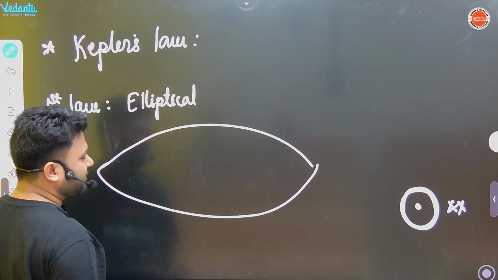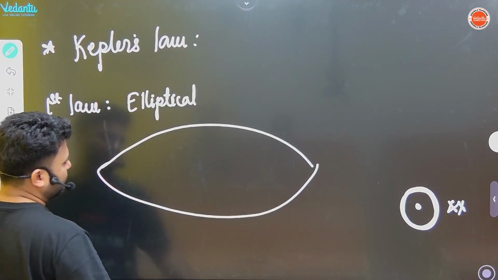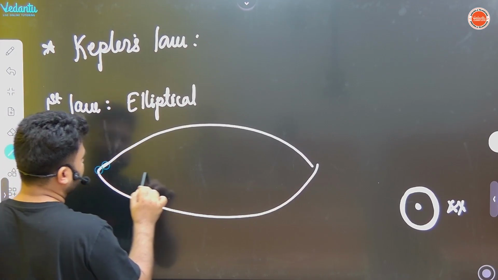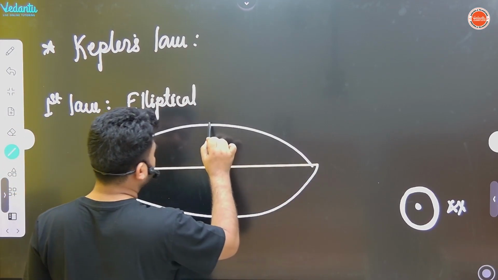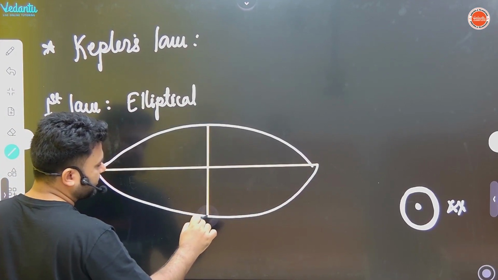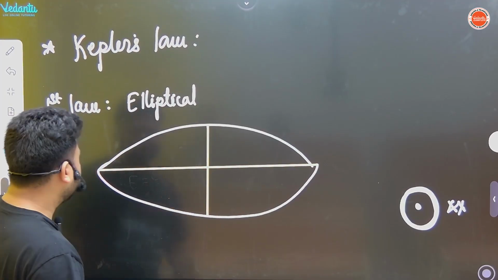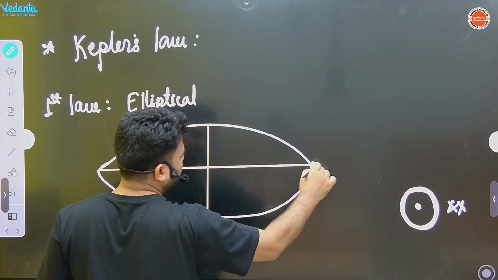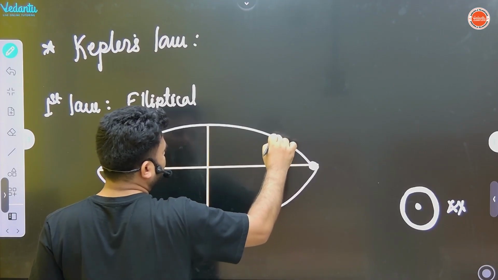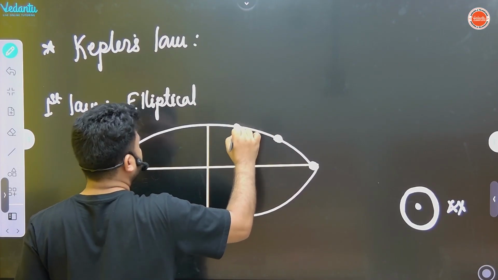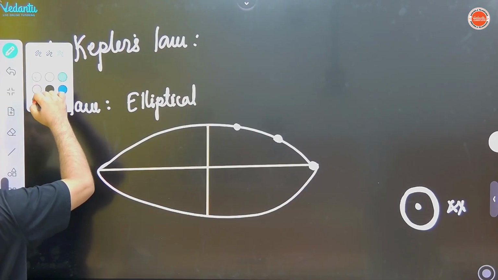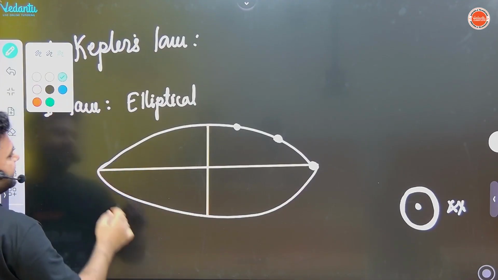Now this kind of structure is called an ellipse. An ellipse has two axes. This is called the major axis of the ellipse. This is called the minor axis of the ellipse. So what they say is the planet is revolving like this. Suppose this is the earth, for example. The earth will go like this, with the sun at one of its foci.